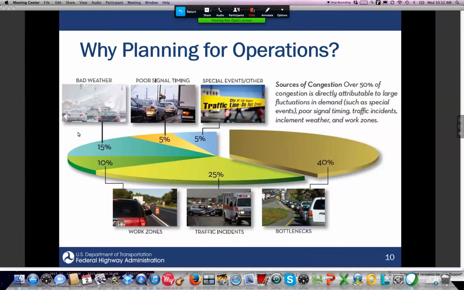Driving towards more of a planning for operations mindset, we really start to look at some of the other 60% of the delay that we're seeing out there in our transportation network. Not only how we deal with traffic incidents and accidents and the delays that they cause, but how we deal with work zones, inclement weather, poor signal timings. As a nation, we're still doing fairly poorly in managing the signal timings that we have out there.